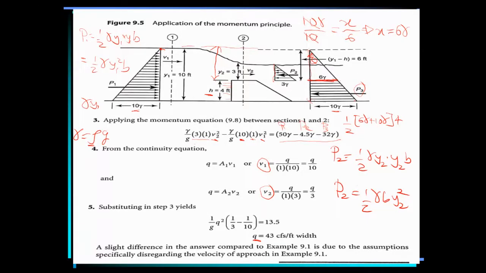In the previous example, using the energy equation, we obtained 42 cubic feet per second per foot width. Here we got 43. I hope it is clear.